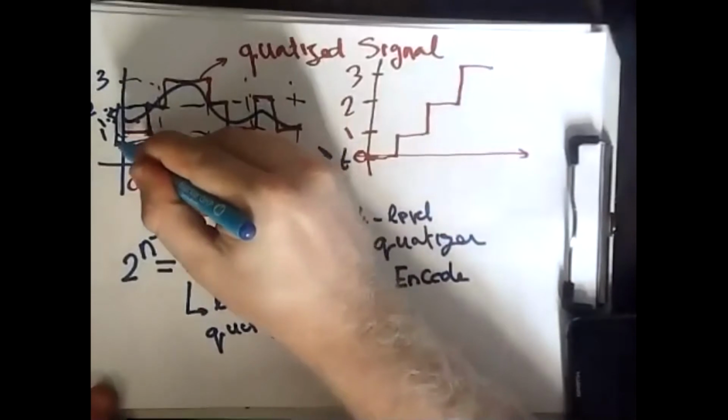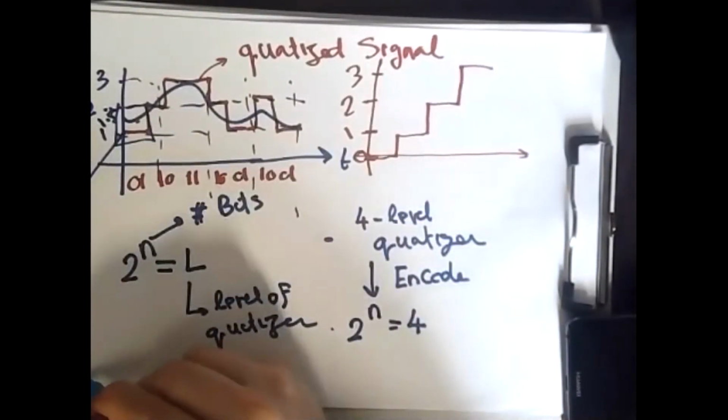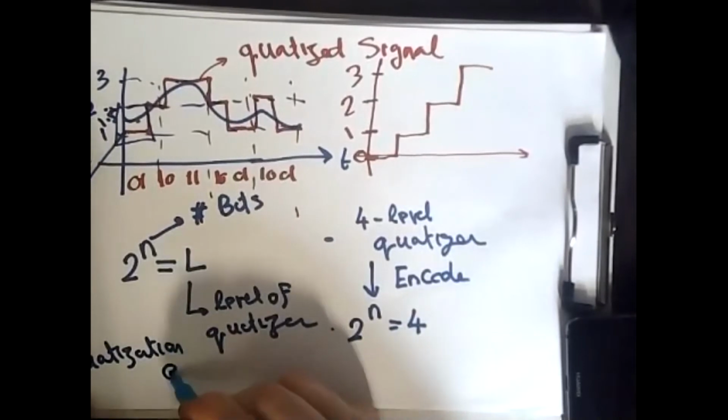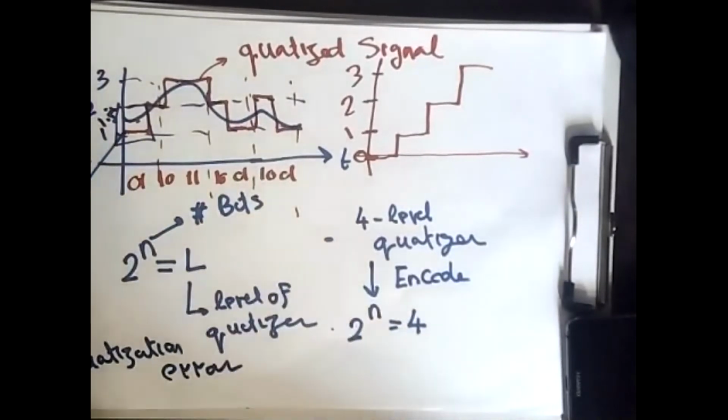So this quantization error is an unrecoverable error. You can never restore it back in the receiver.